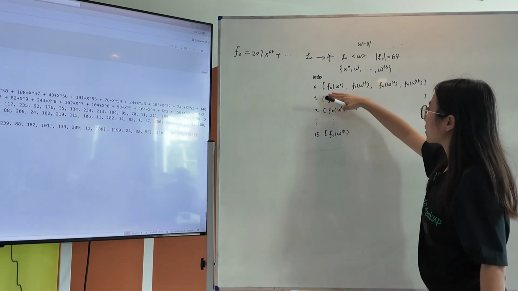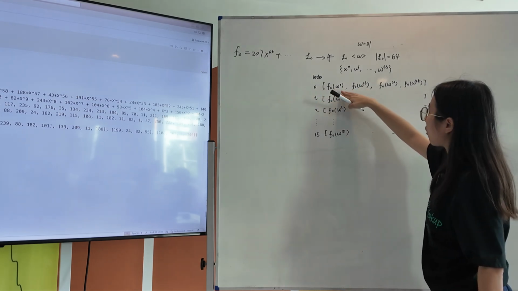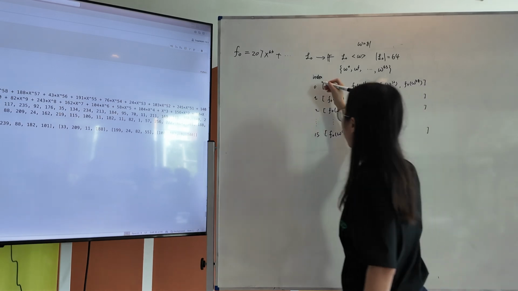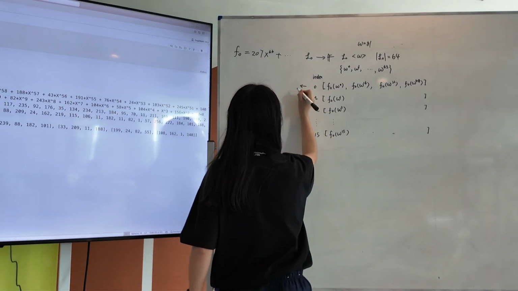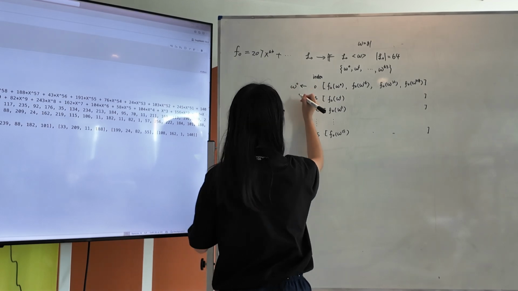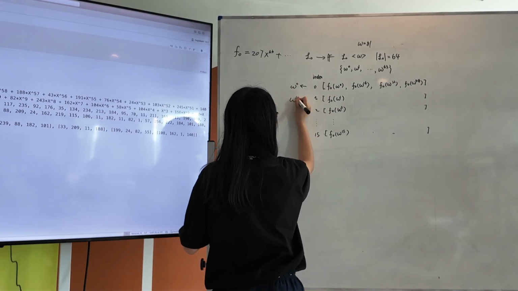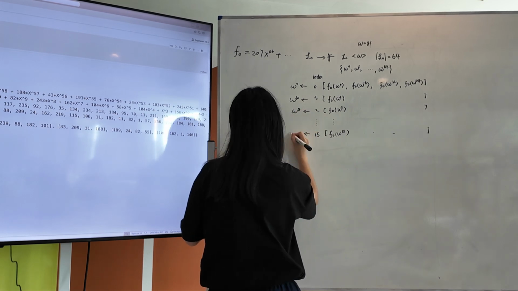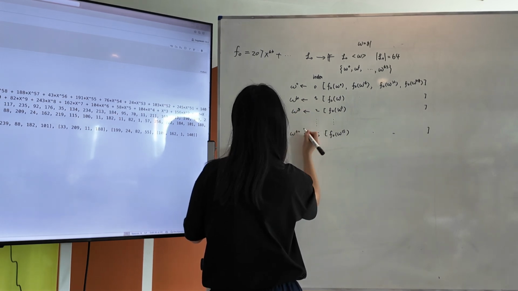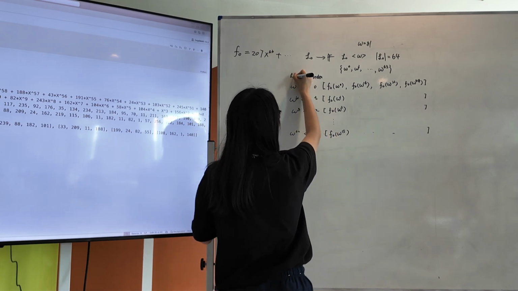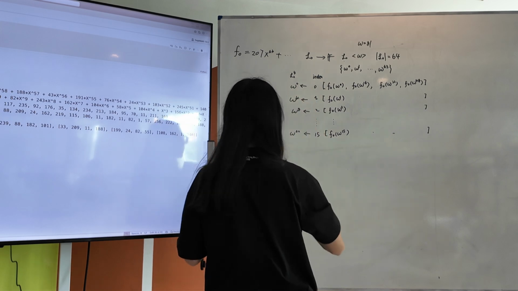Because omega 0, omega 16 can map to omega 0, omega 4, omega 8. This is omega 16. This is exactly the domain L0 to the 4.